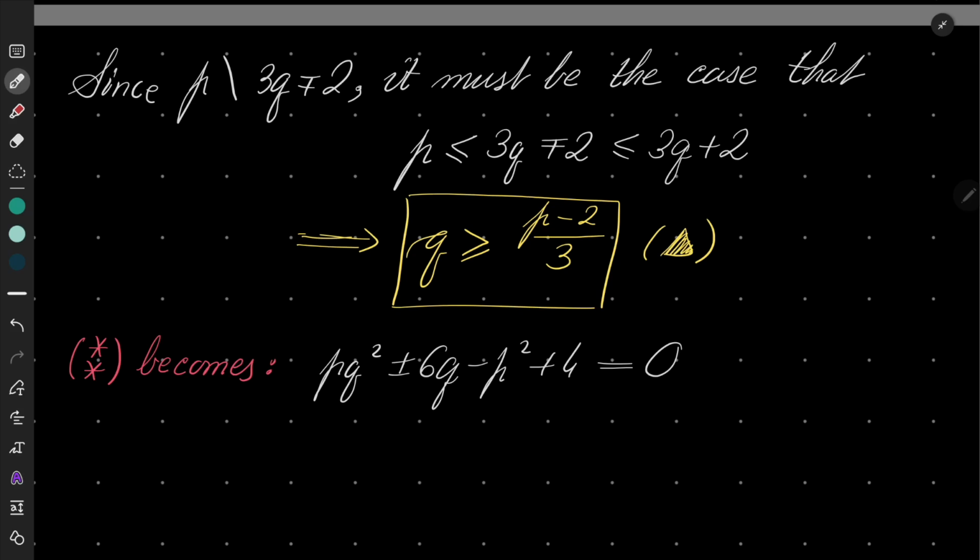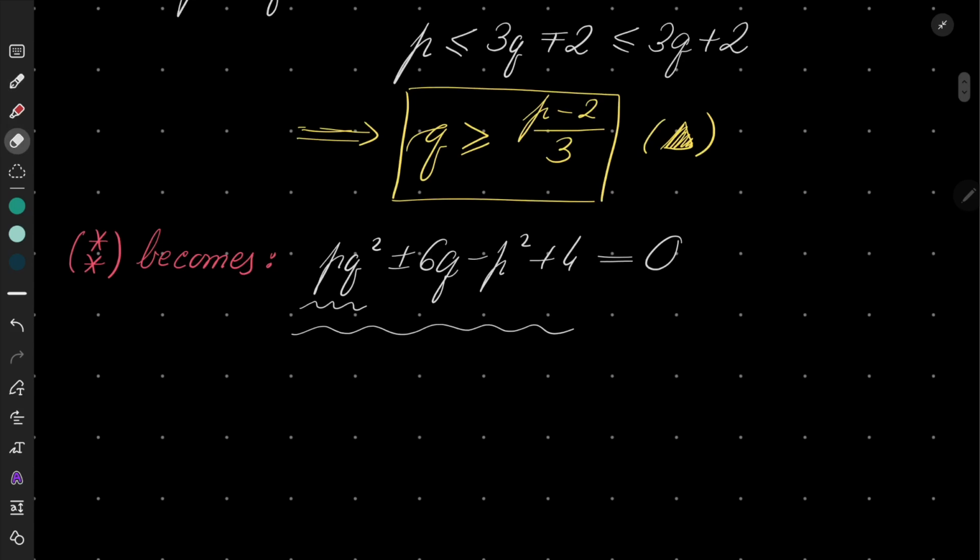And now my main idea is, notice that q is greater than or equal to (p minus 2) over 3. This term, after expressing it in terms of p, will be cubic in p, and everything else will be quadratic or of lesser degree. So the idea is that our cubic polynomial on the left-hand side will very soon become strictly greater than 0, and then our equality will fail.